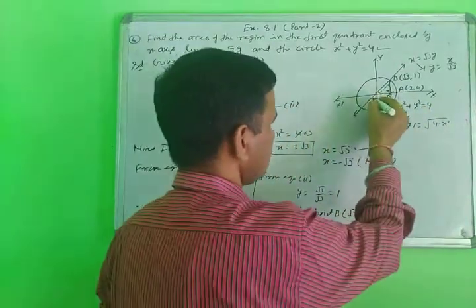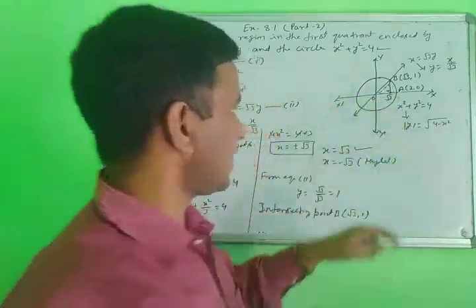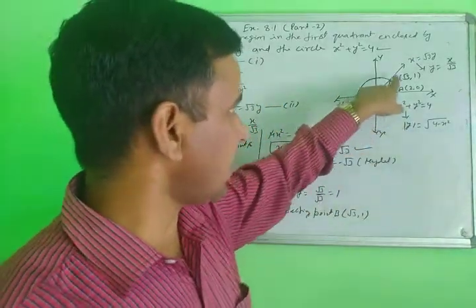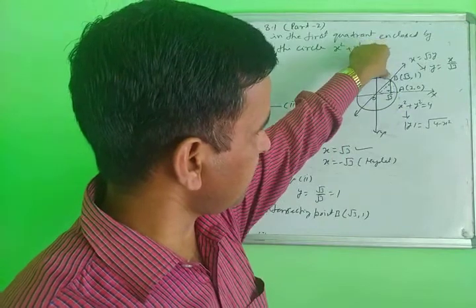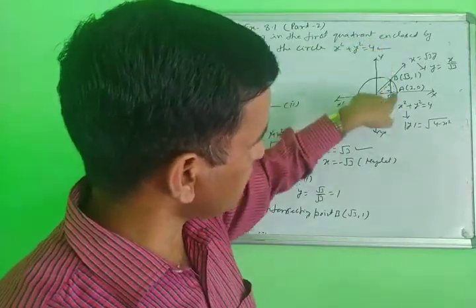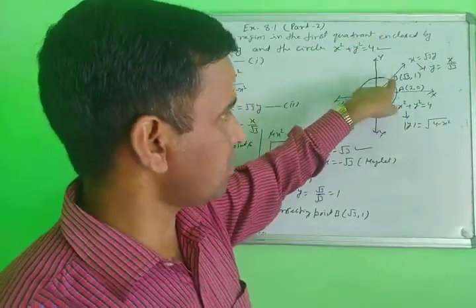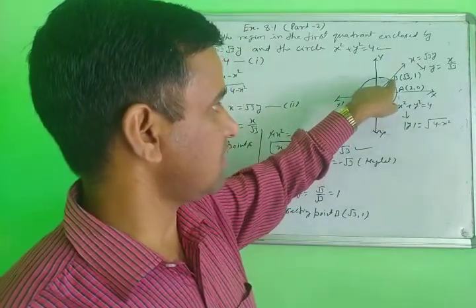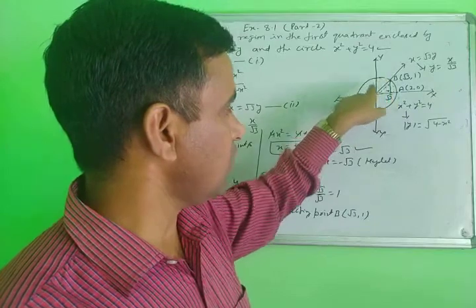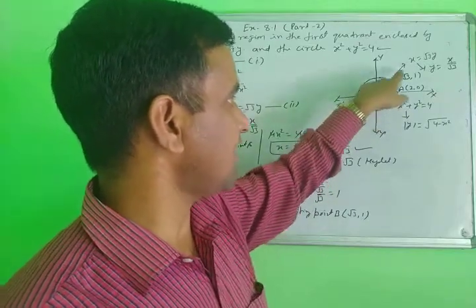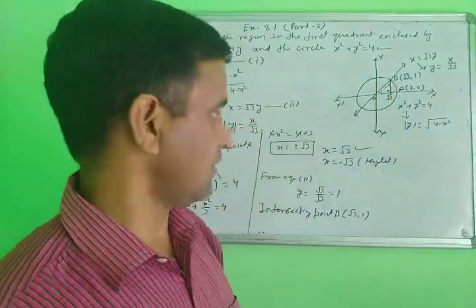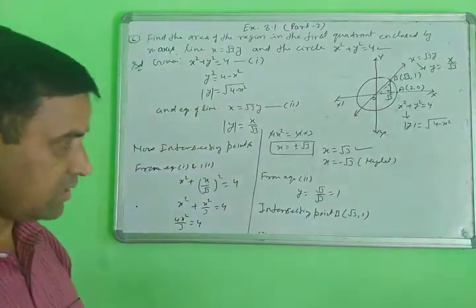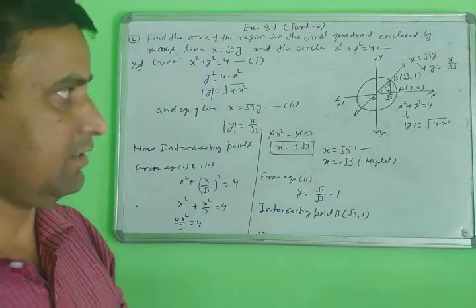This is the origin O, the starting point. When you draw this line, the coordinate of point B is root 3. The same point is on the axis, root 3 here. You will draw the perpendicular line here. Then you will use the two types: one is the line and second the circle. First you note this down, then we will find the area.